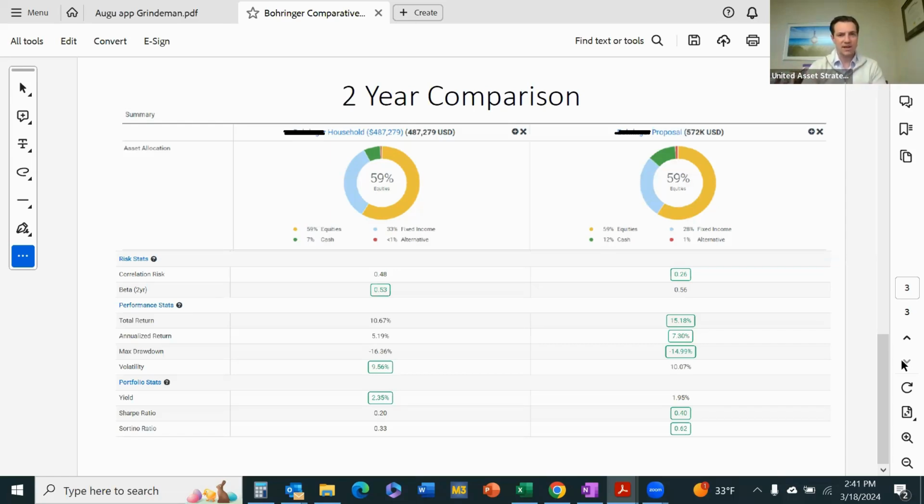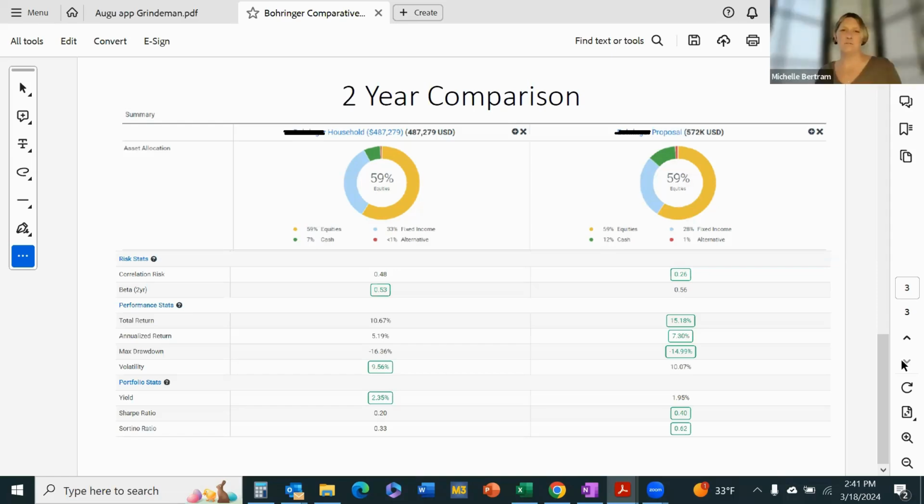So a lot of times looking at 5 or 10 years becomes not really realistic, because you may not be holding these same positions for the last 5 or 10 years. So 2 years is a good snapshot because it gives us, from the portfolio composition, how this particular portfolio acted given the types of markets that we saw. So that's a good point on why we would use a short time frame there.